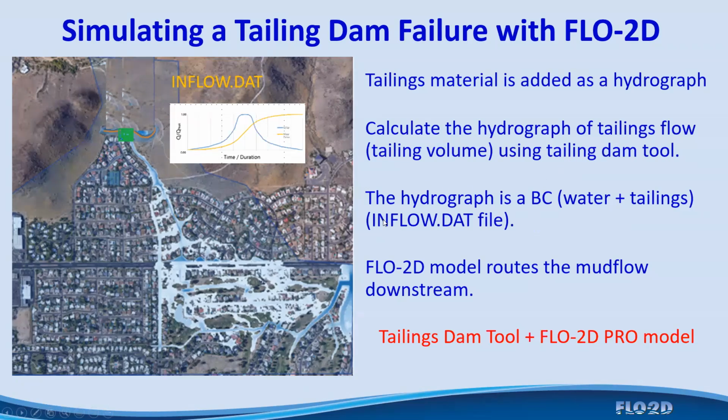You will enter that hydrograph, which has water plus the tailings, as a boundary condition, and it is exported to the inflow.dat file from the Tailings Dam Tool. Once you have imposed this hydrograph as a boundary condition to the FLO-2D domain, you can route the mudflow downstream.